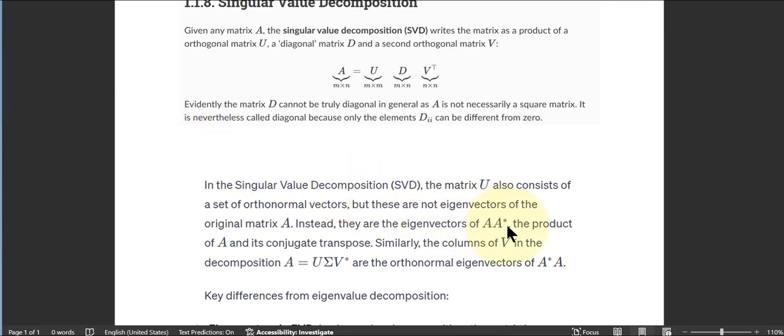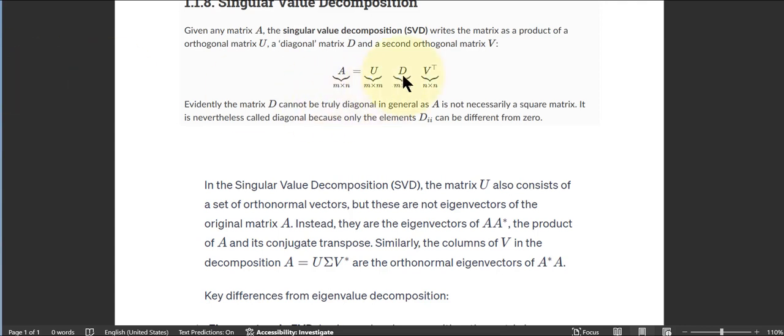But A times its transpose will be symmetric, so we can get the eigenvectors, form the matrix with those eigenvectors, and call that U. So it's not the eigenvectors of A, it's the eigenvectors of A star. And that we can do.